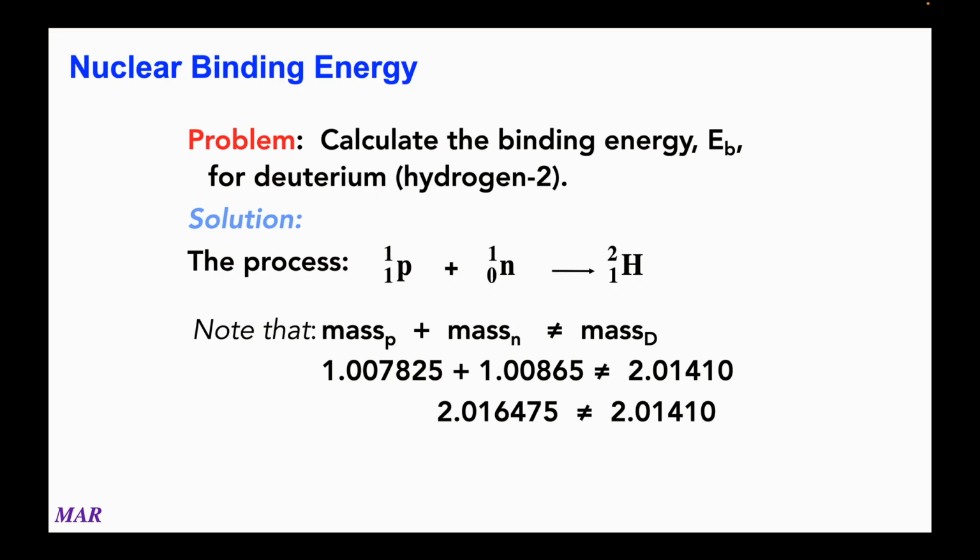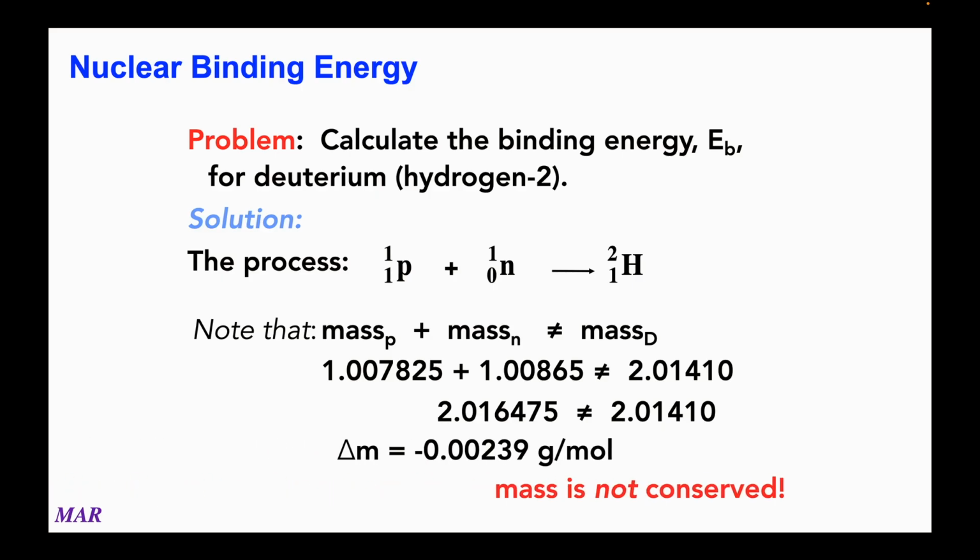The protons plus neutron masses will be greater than the atom that you're actually looking at. So in this case for deuterium, when you add the proton and the neutron up, you get 2.016 or so. And for the deuterium itself, it comes out to be 2.014 or so. So those numbers are not the same.